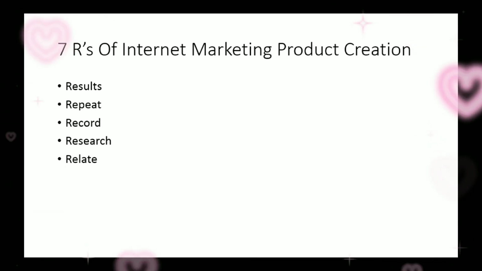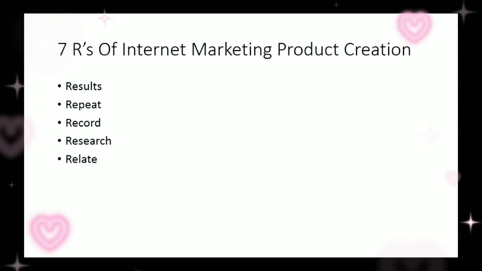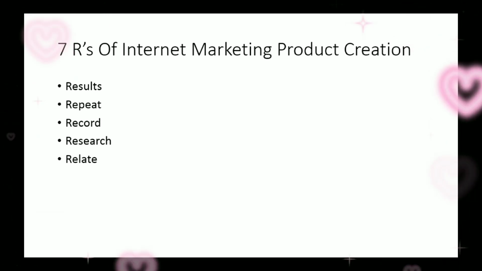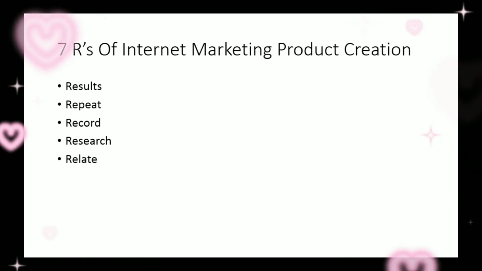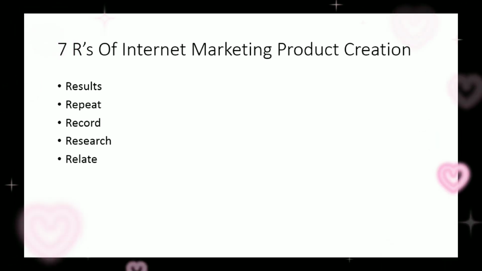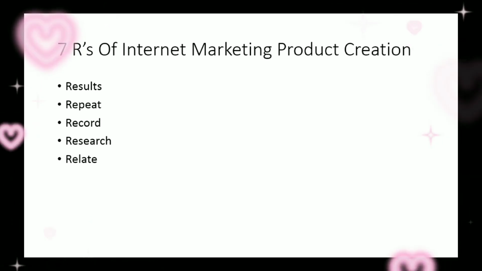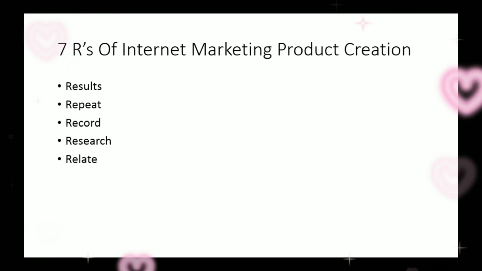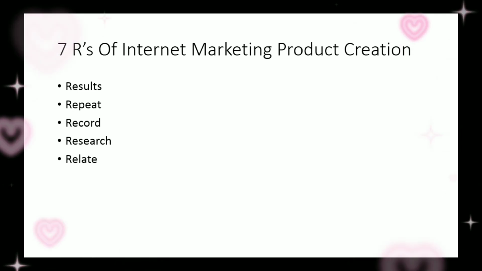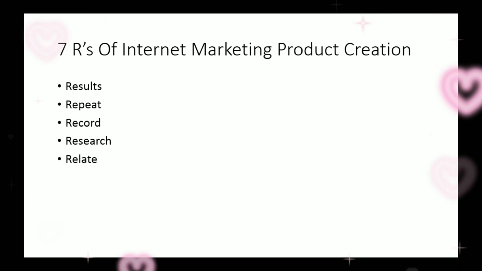If you're going to be talking about blogging, you want to make sure that your method is about blogging. It's going to get them results in blogging. So find an area that you're getting results in, that you can repeat those results, that you've got them recorded, that you've done the research in, in an area that is relevant to people who want to make money online. You can have results in any area, but if you can't sell those results, if people aren't interested in them, then you're not going to have a successful information product.